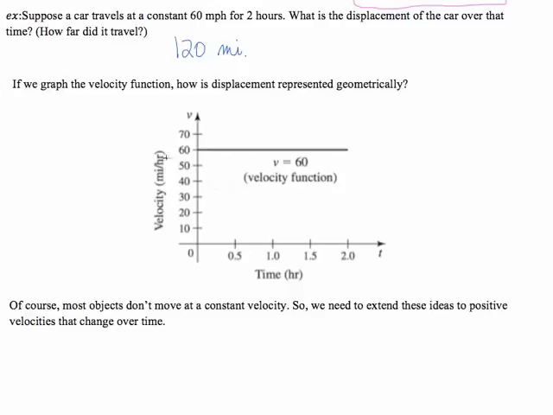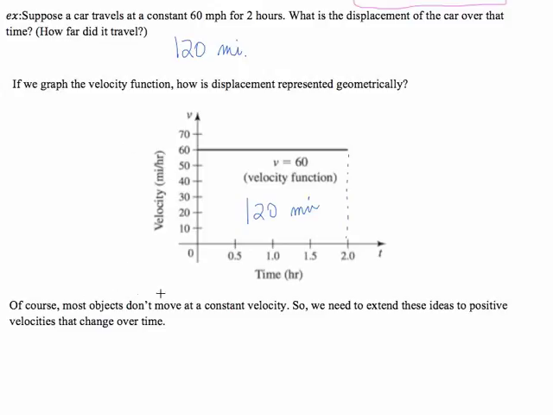Okay? So if you graph the velocity function, or the speed right here, the speed is 60. And we can draw in a little line here for the time. Look at the units here. This is miles per hour on the y-axis, and this is hours on the t-axis. The height of 60 times the width of 2 corresponds to the area of that rectangle, or the area under the velocity curve.